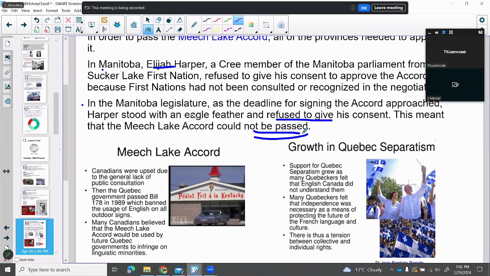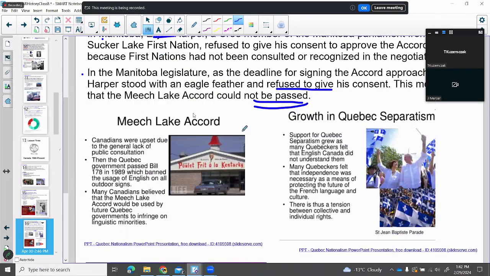So it wasn't accepted. In order to pass it, we would need all of the provinces approving it. So you can see here on the left-hand side, it says Canadians were upset due to the general lack of public consultation.